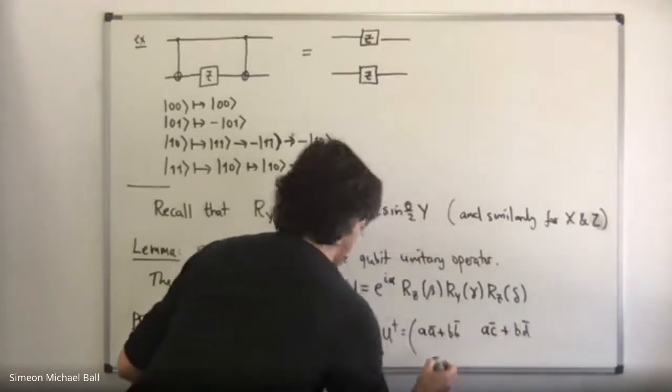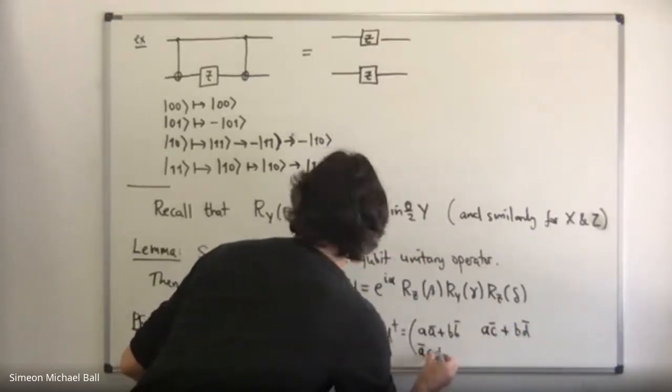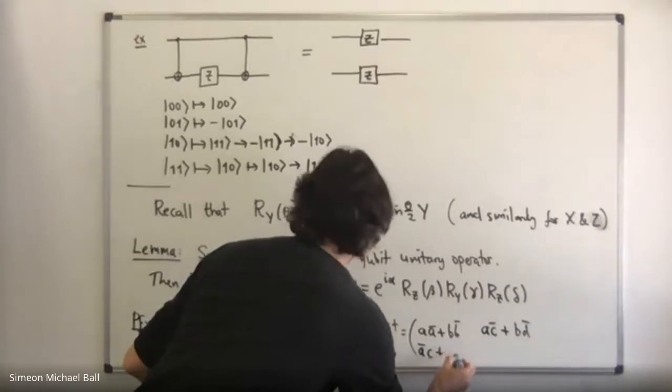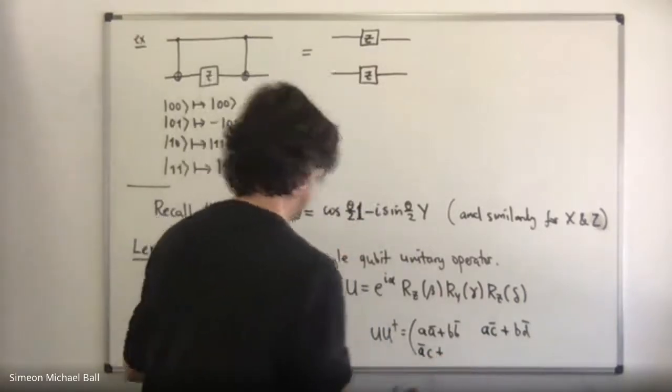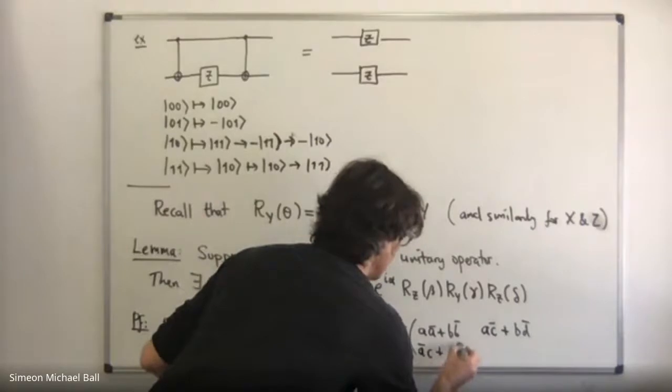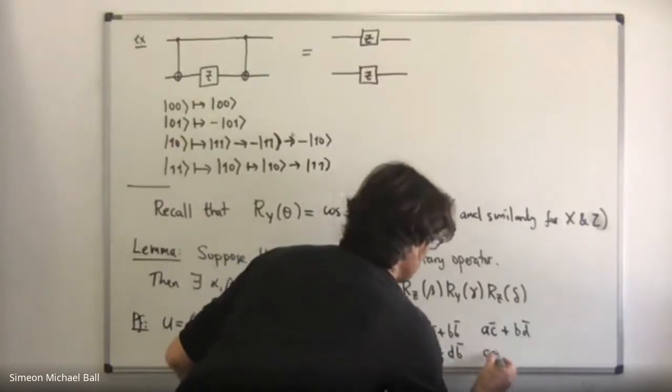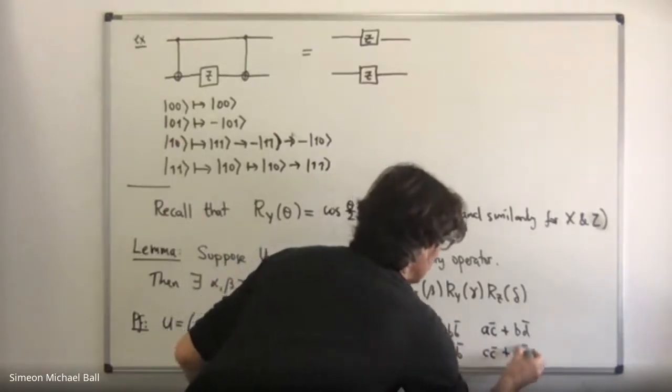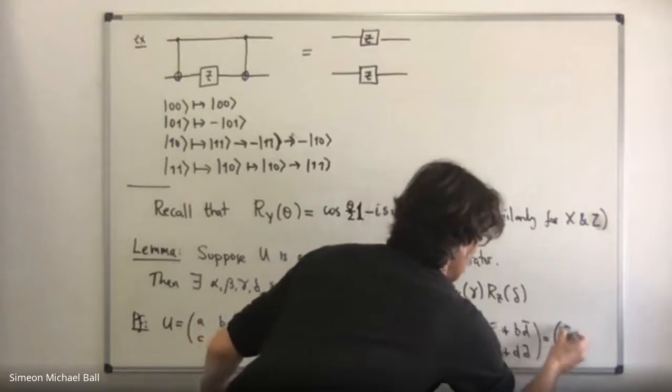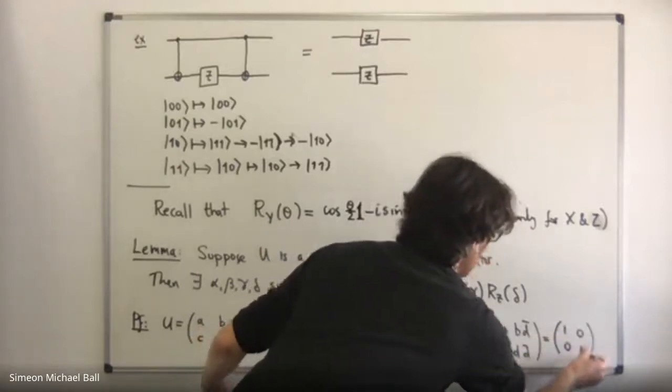So this product here must be the identity matrix.